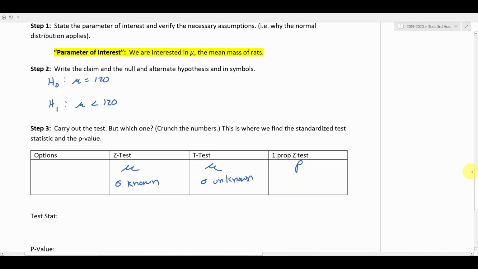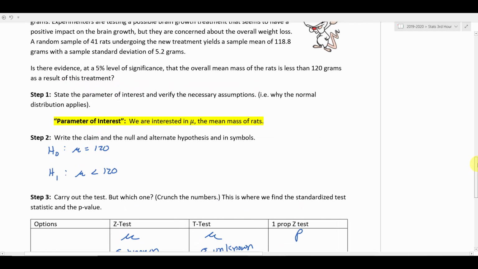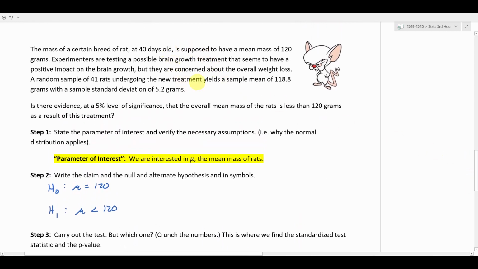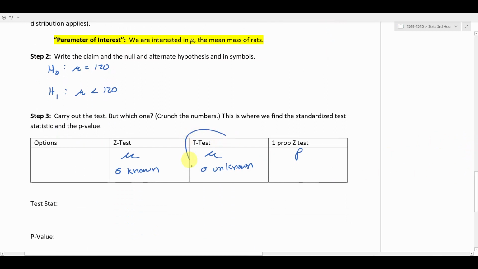Okay, so I got to go back up, just double check and see if they told me anything about a population standard deviation. They gave me a population mean, but no population standard deviation is found in this problem. So that tells me I'm going to be running a t-test. I'm interested in a mean, standard deviation is unknown.